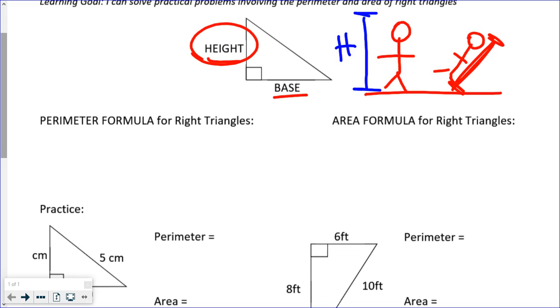So when it comes to a triangle, this right here is not the height because that's on a slant. The height is this side right here that goes straight up and down, which is really key, that we take a look at the side that goes straight up and down.